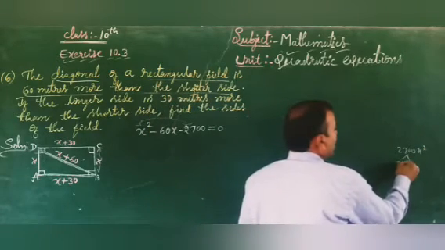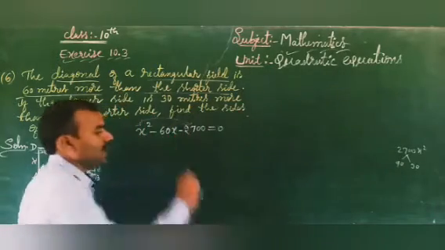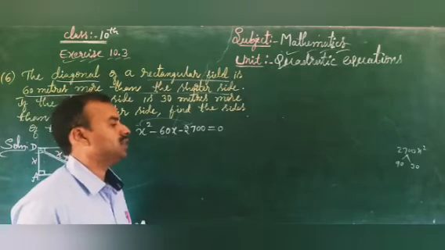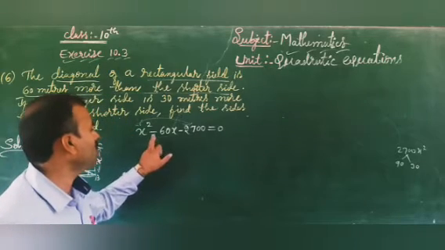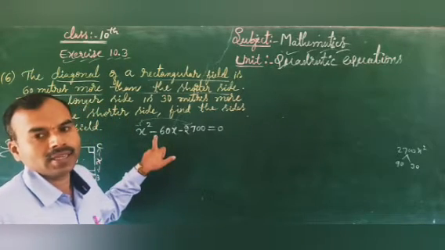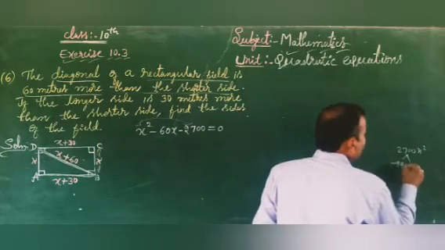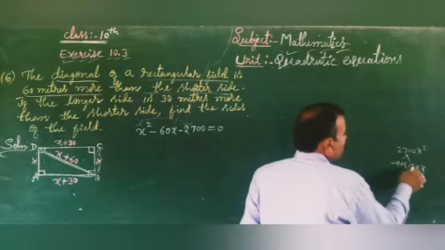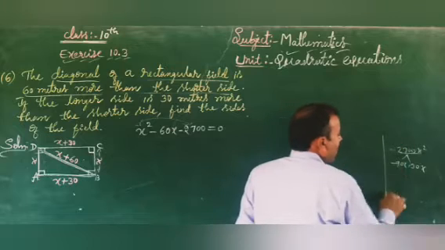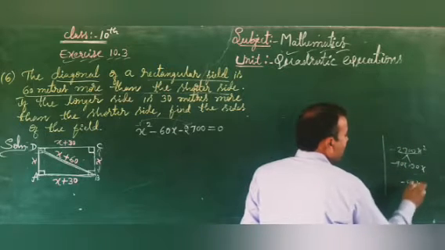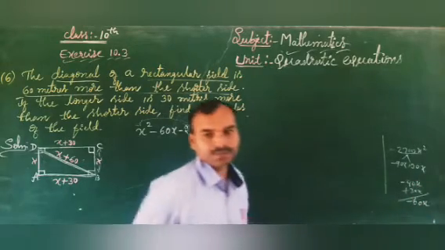I think it is 90 and 30. 30 into 90 is 2700. Here 60 is there, so when we subtract 30 from 90 we get 60. Here minus is there, so we take this sign for the bigger term. So I take minus 90 and plus 30. Minus 90x plus 30x, we get minus 60x.